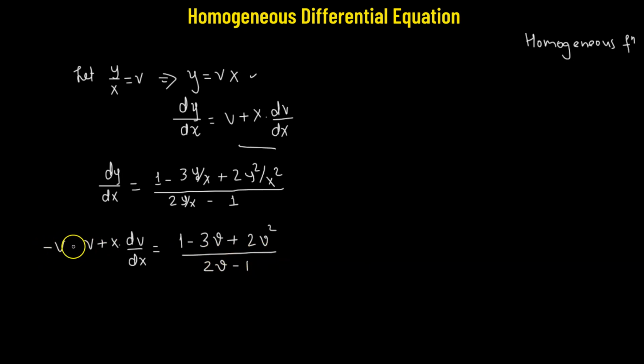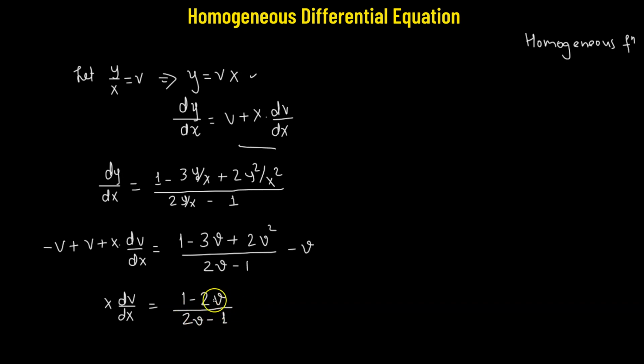Next, we will subtract v from both sides. This will give us x dv over dx on the left hand side, and combining these two terms on the right hand side, we will get 1 minus 2v divided by 2v minus 1.